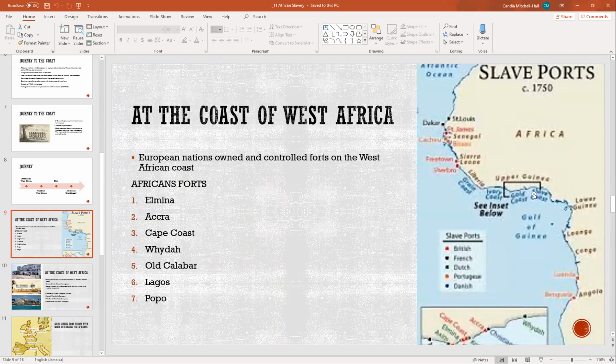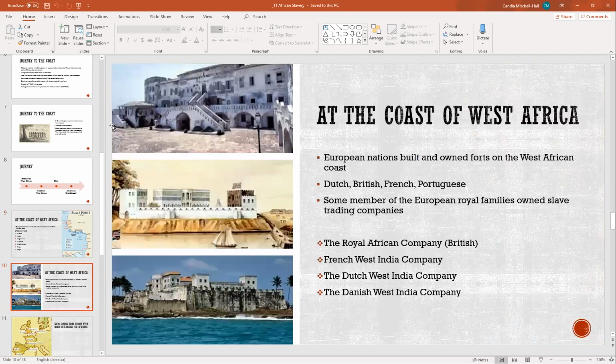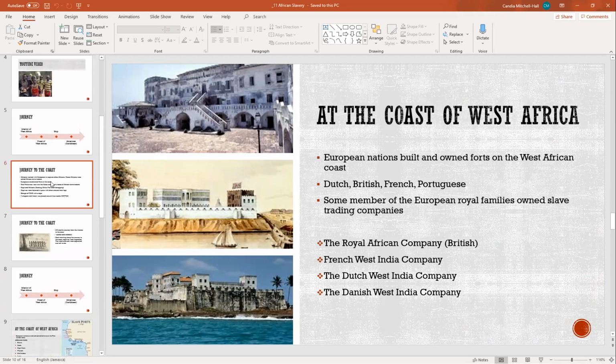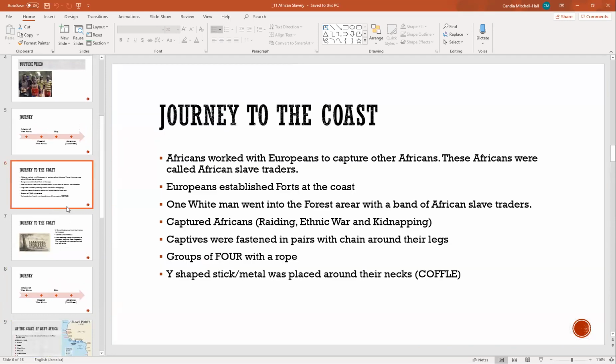So along the coast of West Africa, they built these forts.